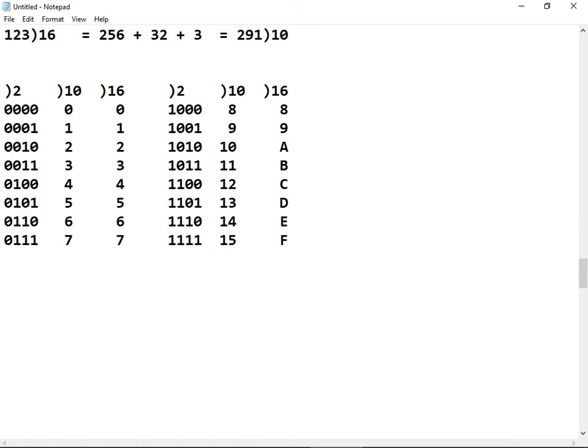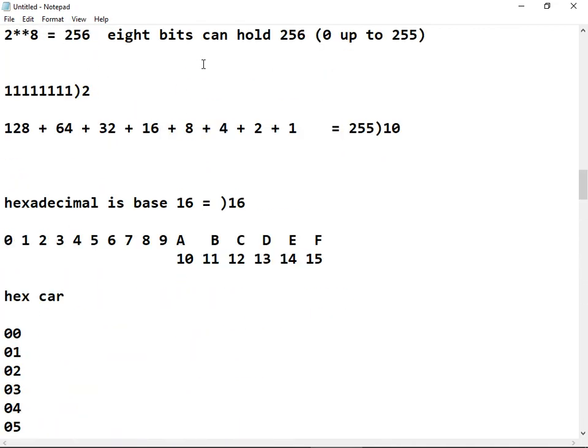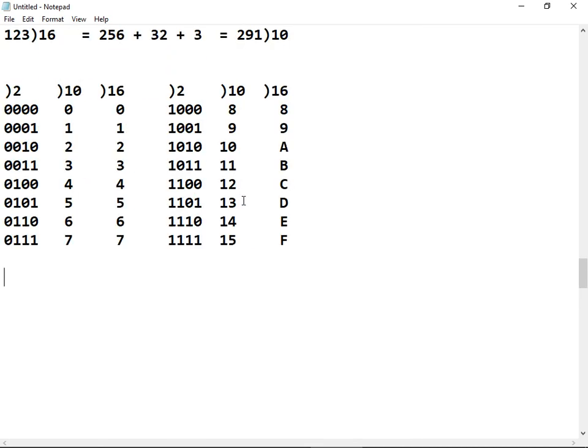Now, why did I show you that? Because we can convert directly from hexadecimal to binary just with this table. To prove it, I'm going to come up here and I'm going to find, no, it's not going to prove it. We don't have any examples yet.